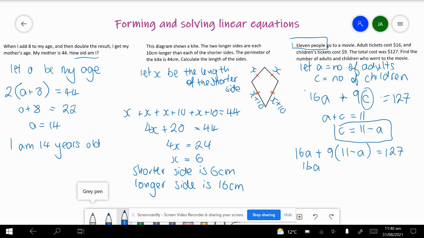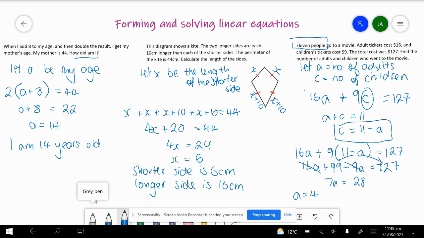So 16A plus 99 minus 9A equals 127. And so we can tidy that up: 16A minus 9A is 7A. And take the 99 over the other side by subtracting, and that makes it 28. So 7A equals 28, A equals 4.